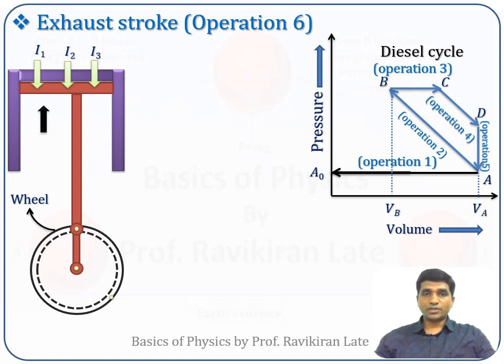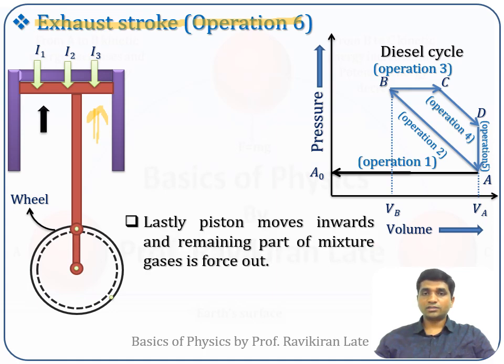Now the last operation is called the exhaust stroke, which consists of operation number 6. The piston moves in the upward direction and goes to the rest position. During this, the remaining burnt and unburnt mixture of gases is forced out through the cylinder.